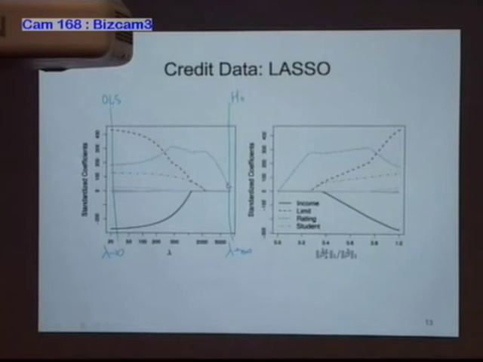So when you have your optimal lambda somewhere, your model is way smaller. You only have 4 predictors, the smaller ones there. That's the consequence.